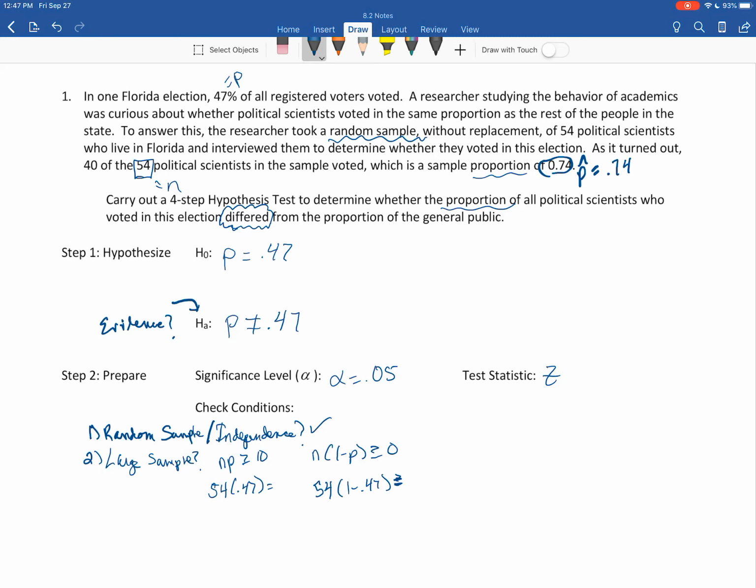Let's just figure out what that is. If I multiply out this first one, I get about 25, so we're good there. And on this one, I'm multiplying 54 by 0.53. If I multiply that out, I get about 29. So we're good on both of those cases.